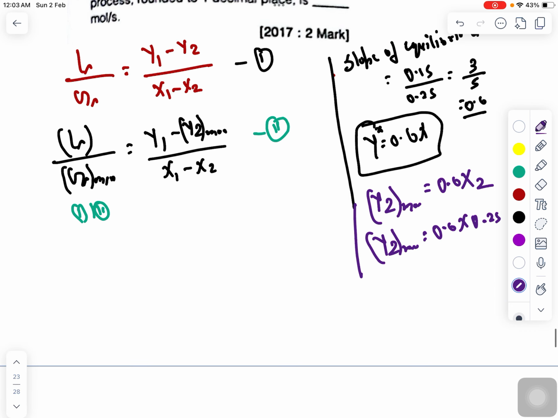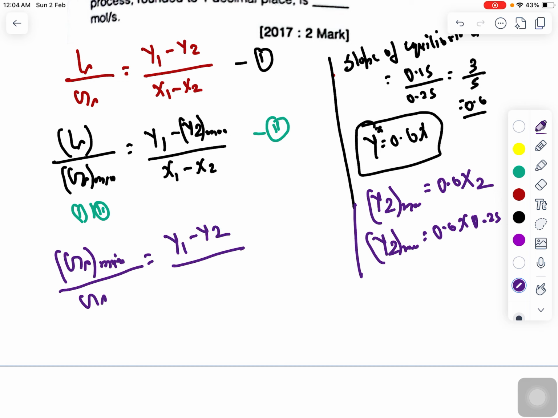So if I divide this equation, Gs minimum divided by Gs, that I can write as y1 minus y2 divided by y1 minus y2 max.